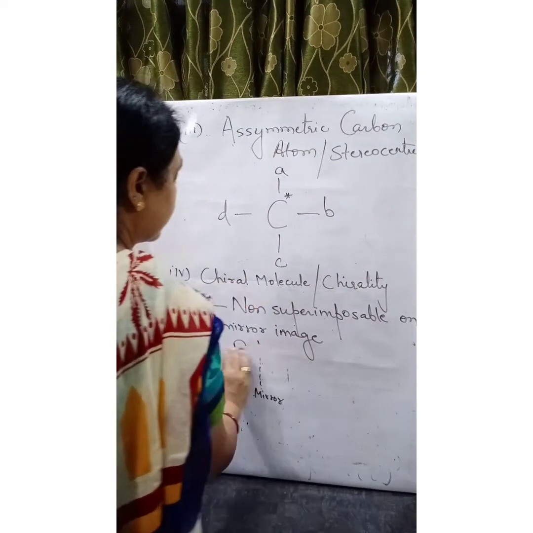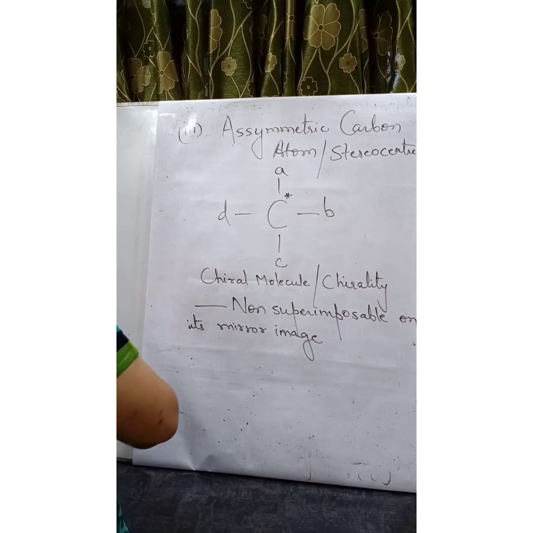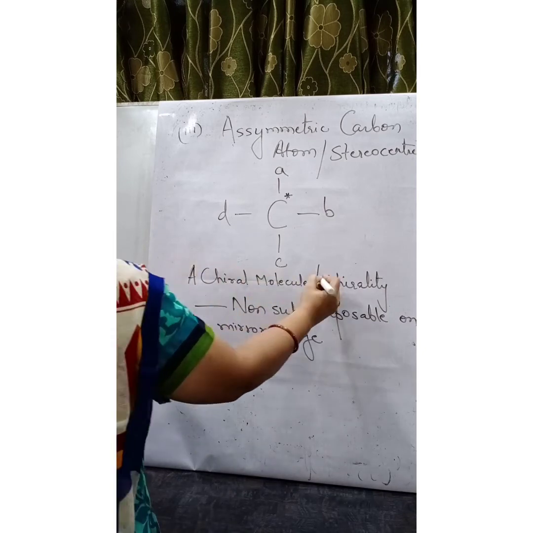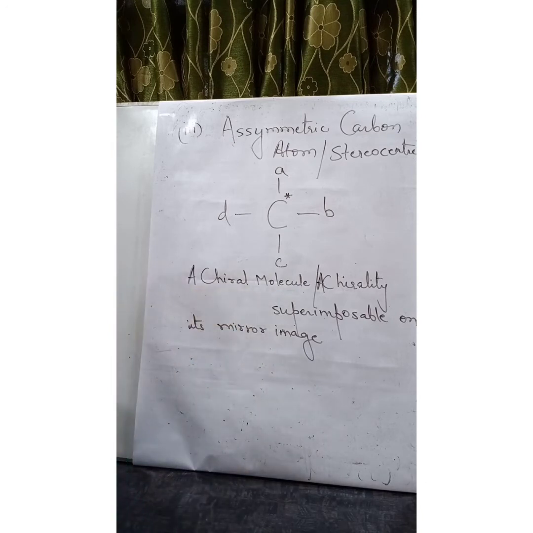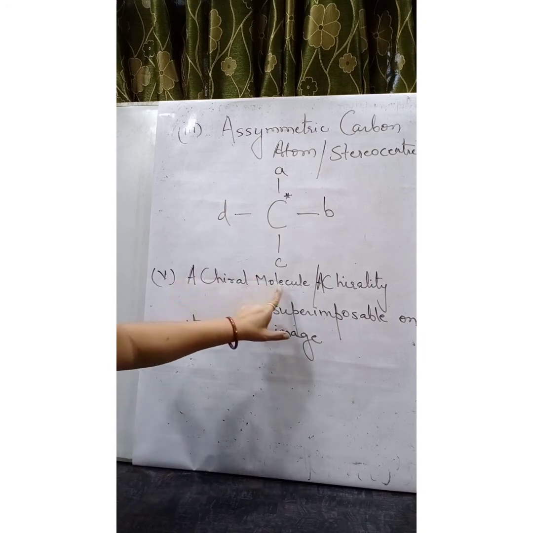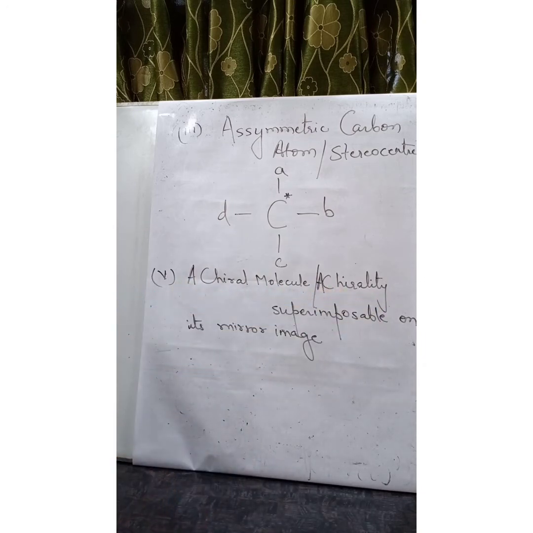The fifth one is achiral molecule or achirality. An object which is superimposable on its mirror image is known as achiral molecule, and this phenomenon is known as achirality.